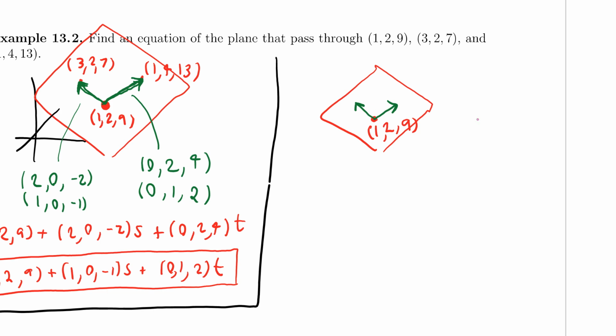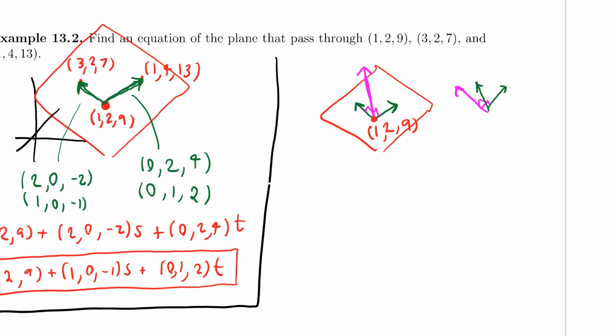Now recall that in 3 dimensions, the cross product of some two vectors is going to be another vector that is perpendicular to the two original vectors. So if I compute the cross product of these two, it's going to give me this red vector here, and this red vector is going to be perpendicular to the two green vectors.